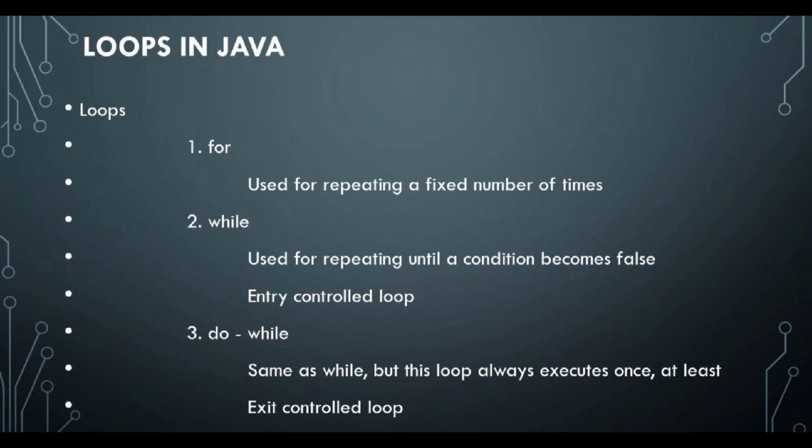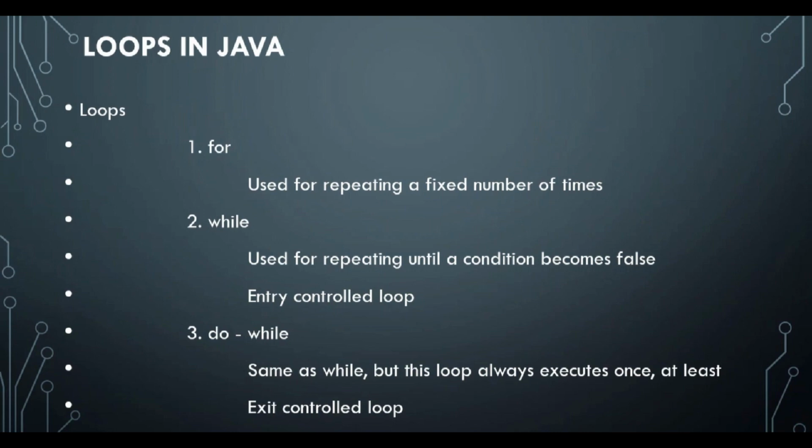Next is do while. Do while is the same as while, but this loop always executes at least once. So that means there is a condition here also, but the condition is given at the end. That is why it is called an exit controlled loop. It controls at the exit of the loop, not at the entry of the loop.